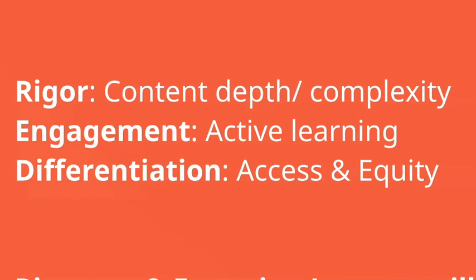Engagement we define as the product of motivation and active learning. Collaborative structures. Differentiation. How do we provide equity and access to rigorous content for all students? Ways to tailor instruction. Not necessarily individualize instruction, but tailor our instruction to consider whole group, small group, and individual choices that provide greater access to rigorous content for students.